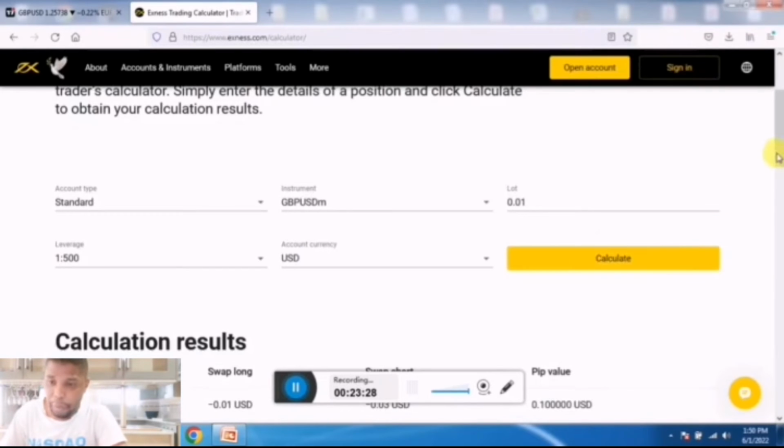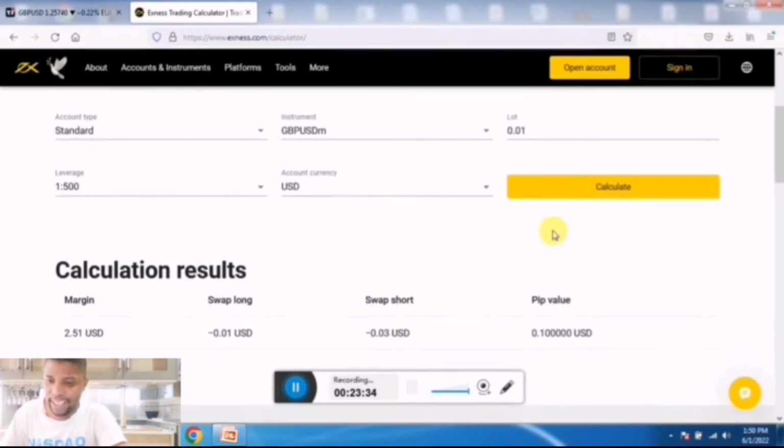So if we put another 0 and calculate, remember we said that the market is only going to go 1 cent, which is not bad. You risk $2, and you could have made around $3 on this trade, which is just good. For people who have small accounts, please stick to these small lot sizes.